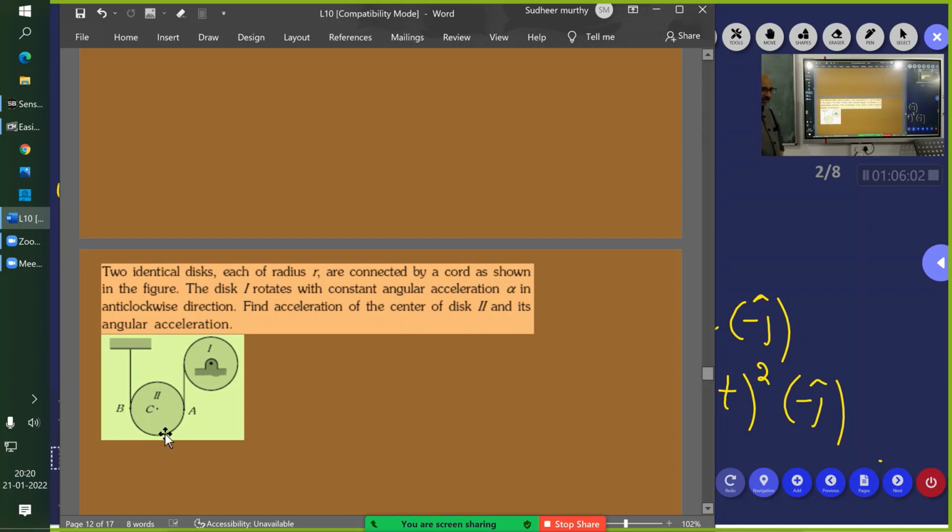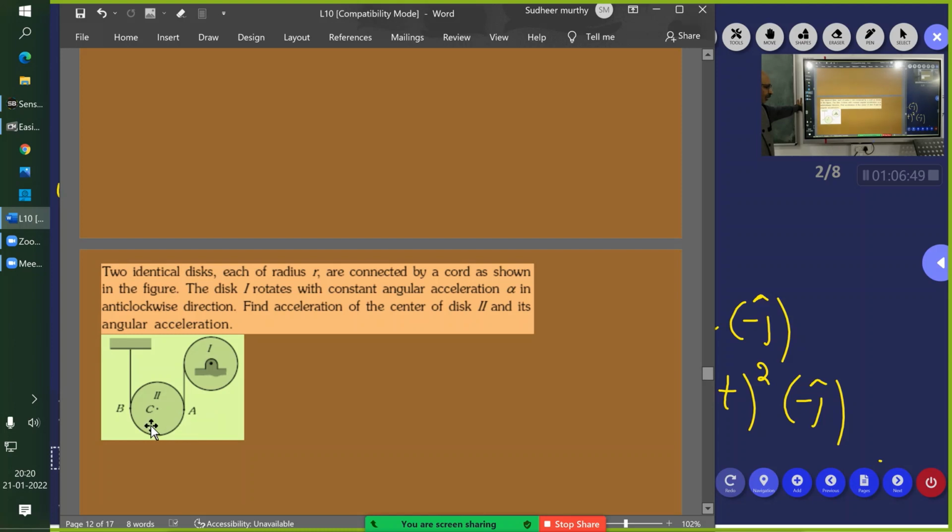How? See, if this is rotating and accelerating, then there are two components here: one is the component of acceleration towards the center, the other is the component of acceleration tangential. So how can you say this is equal to this? Anybody else?